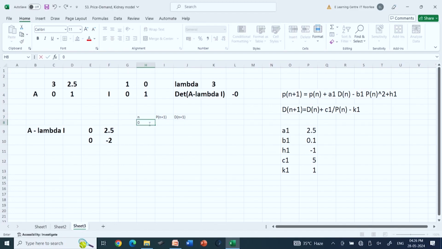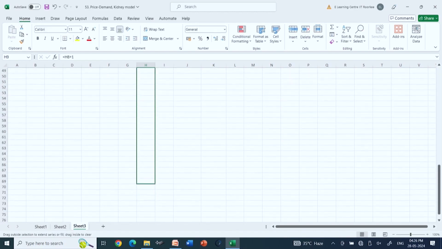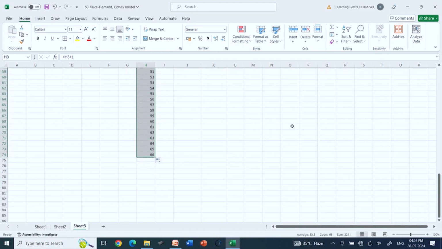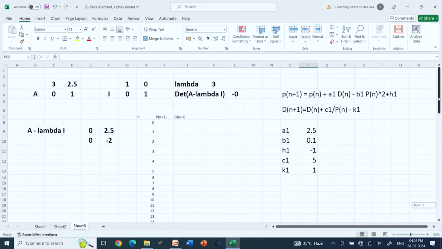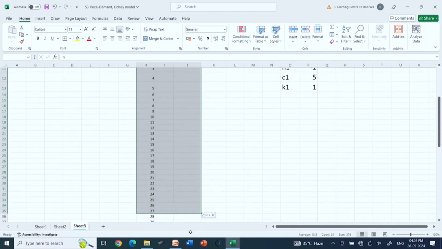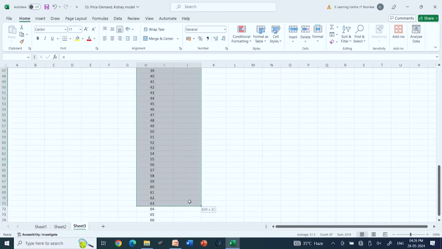So let's start with 0, and this is equal to 0 plus 1, and drag it up to say 50 values.